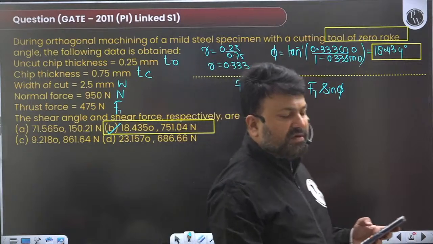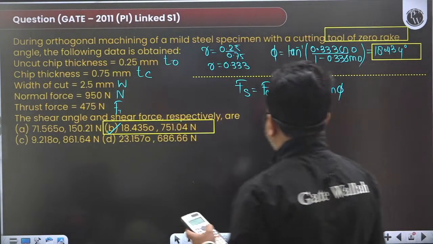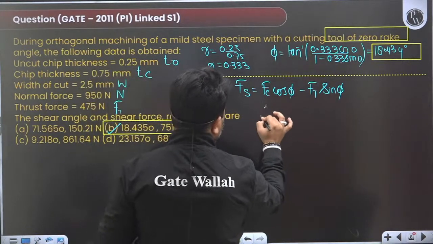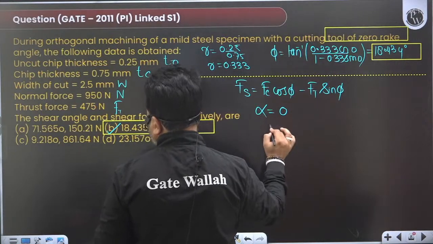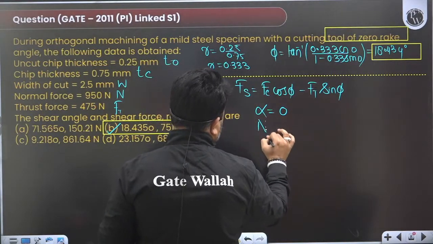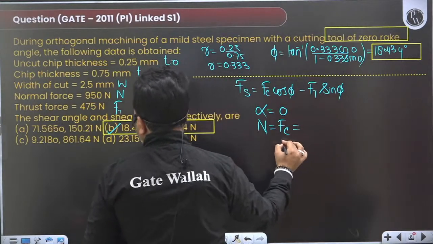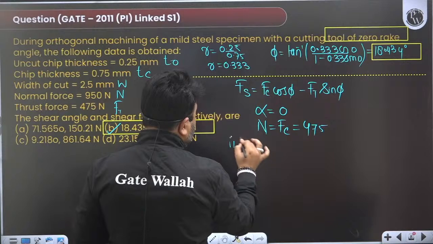Remember or not? Fn and Fs, Fc cos phi minus Ft sin phi. Here Ft is given, but Fc is not given. You know that when alpha equal to 0, then normal force becomes equal to Fc.